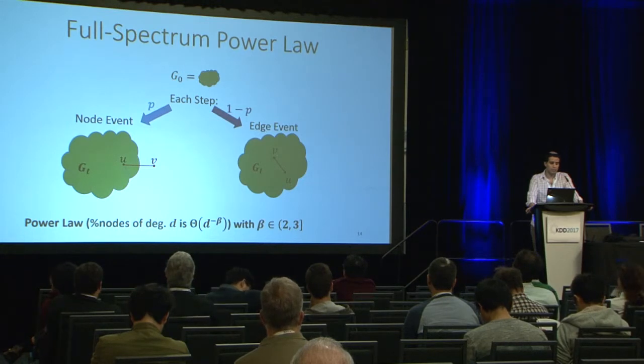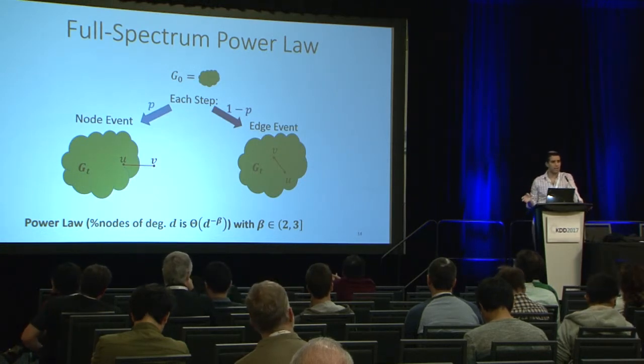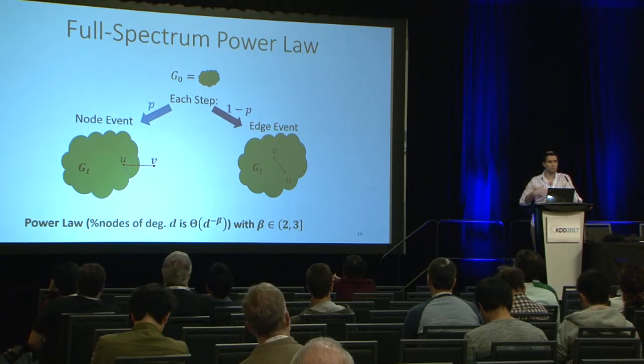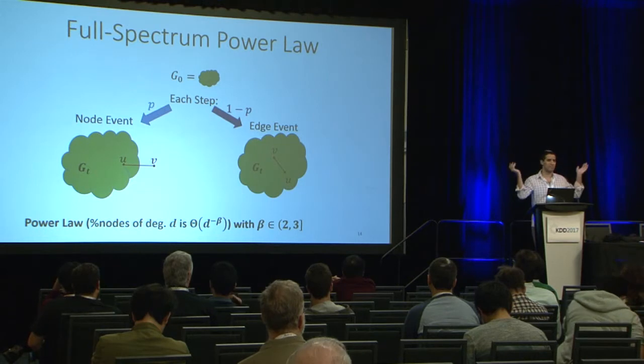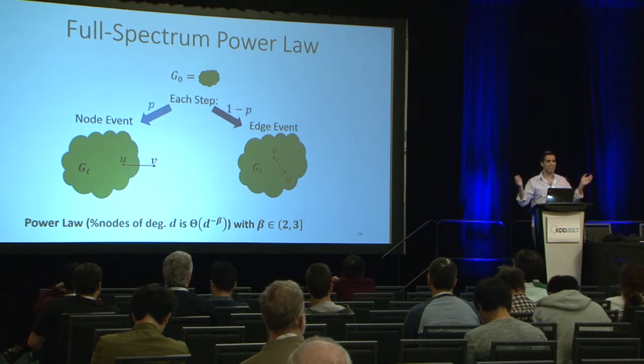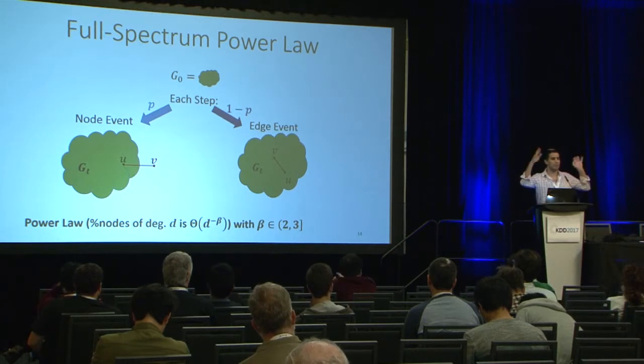The other thing that we would want to do is this: the probabilities P and 1 minus P don't necessarily stay constant with time. At first, maybe with Facebook, you had a lot of people coming in, and then everyone was on Facebook already, so you just had new friendships forming. So maybe P goes down with time.